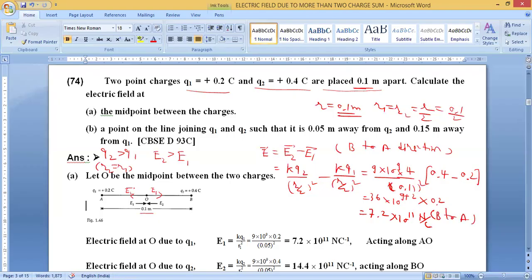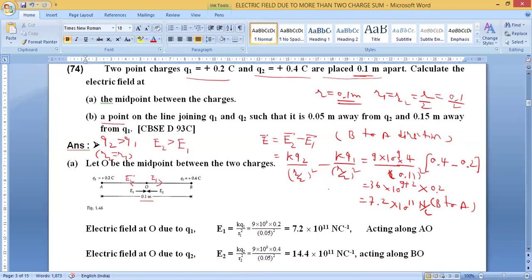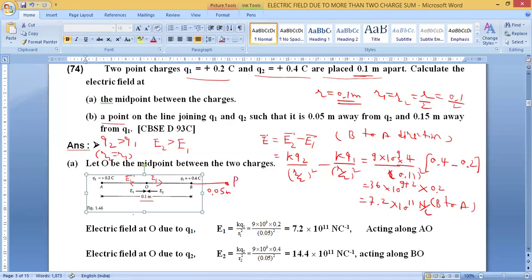Now B part, a point on the line joining Q1 and Q2 such that it is 0.05 meter away from Q2 and 0.15 meter away from Q1. तो Q2 से 0.05 मीटर, तो यहाँ से 0.05 मीटर पॉइंट P और यहाँ से होगा 0.15 मीटर, this distance.